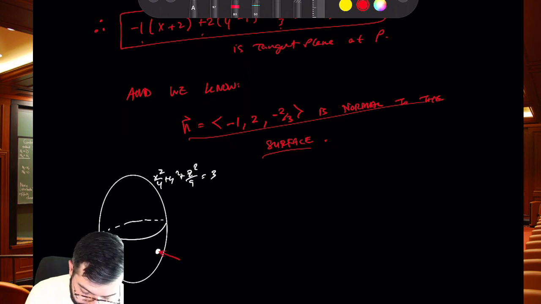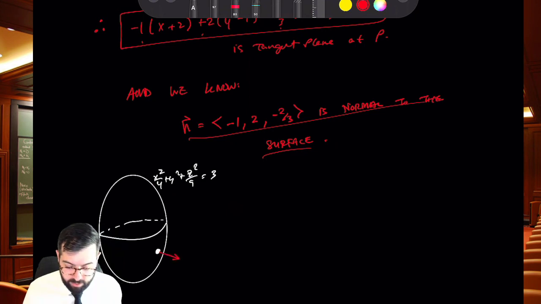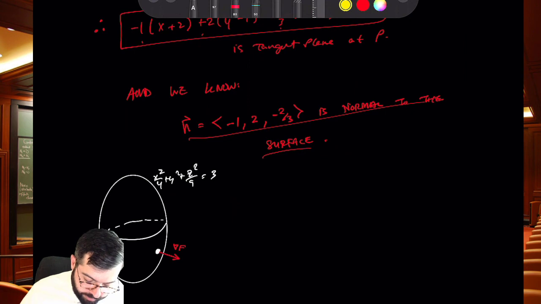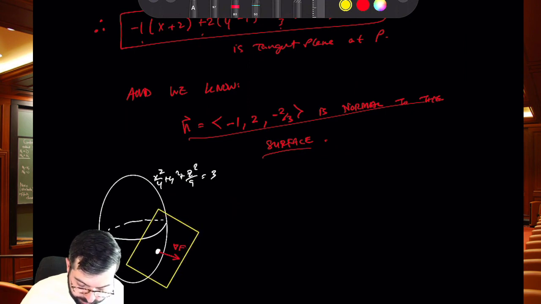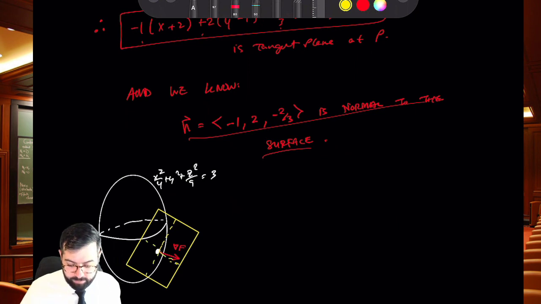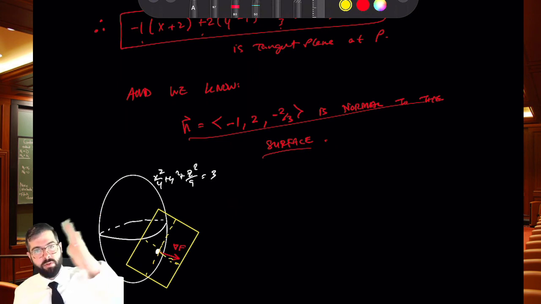The gradient tells us a vector that's pointing outward. And then from there, we can generate the tangent plane that's just kissing at this point. So it forms 90 degrees with the surface itself.